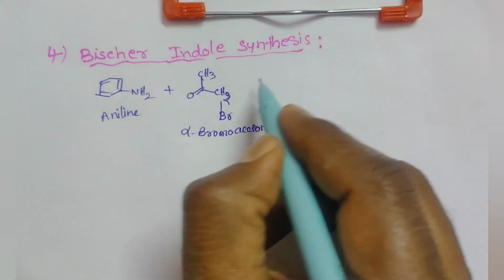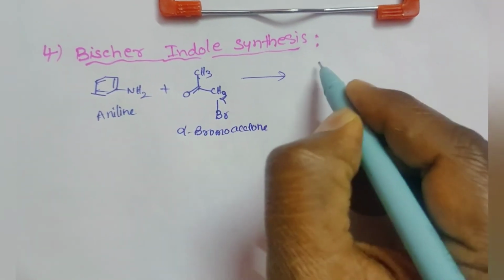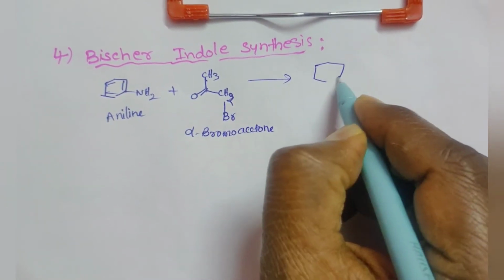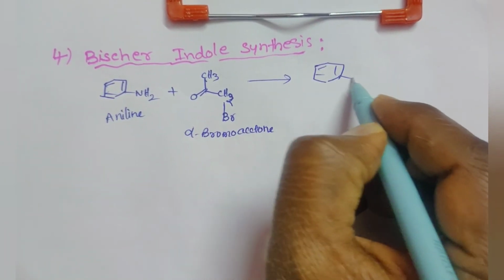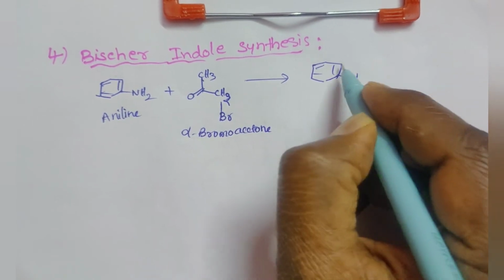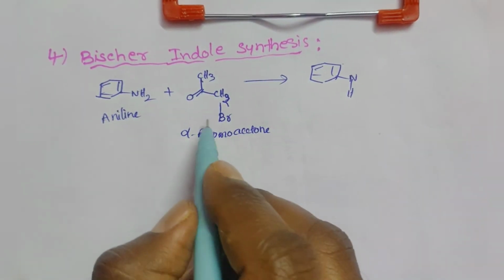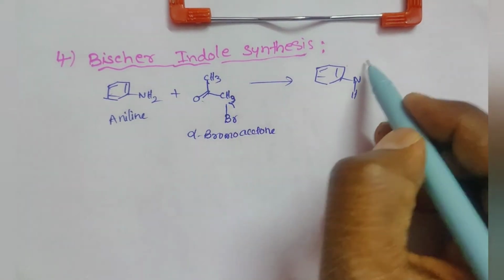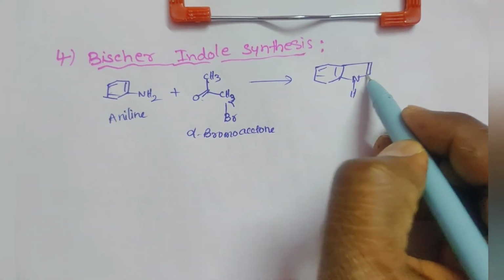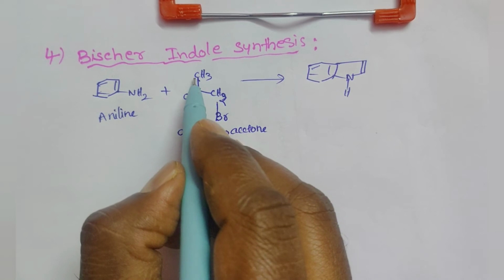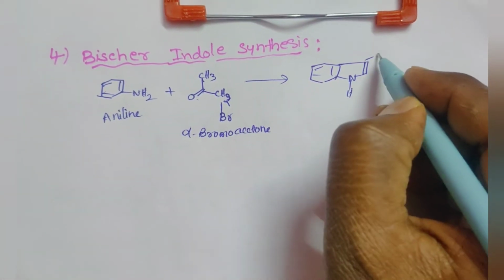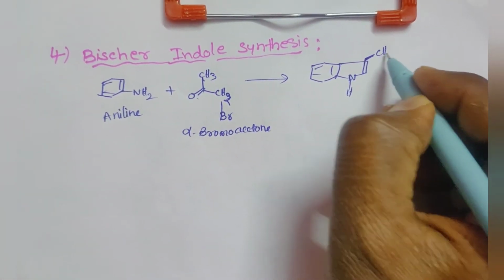So here we get the indole. And depending on the structure of the ketone, we get different indole derivatives. As we are having CH3 here, we get the CH3 in the third position.